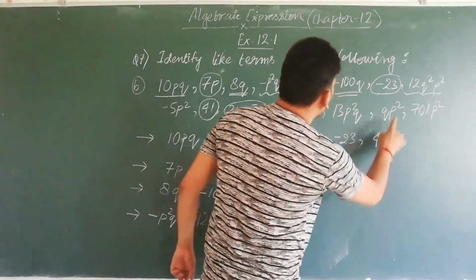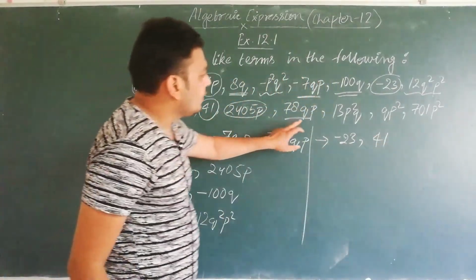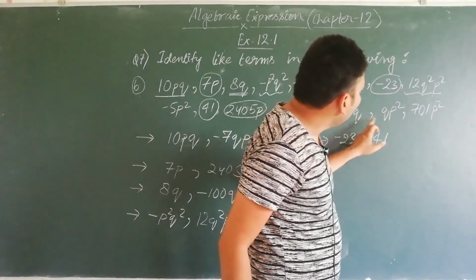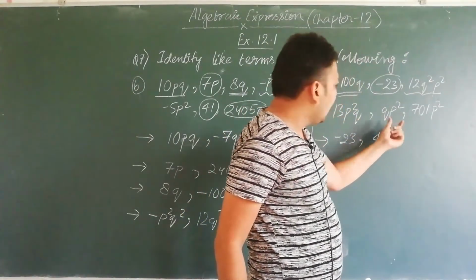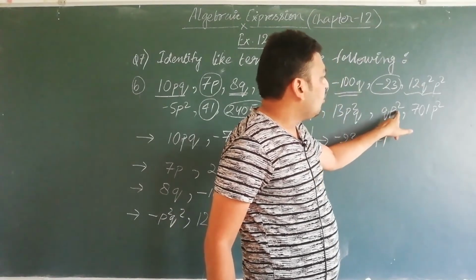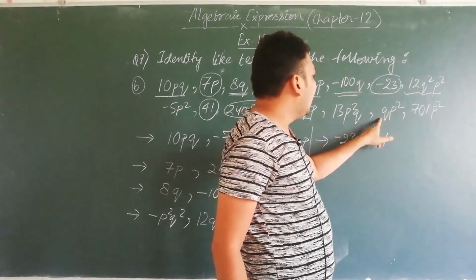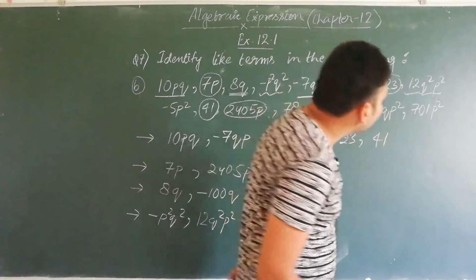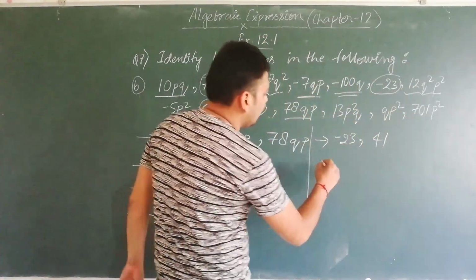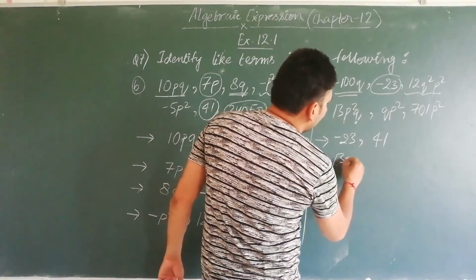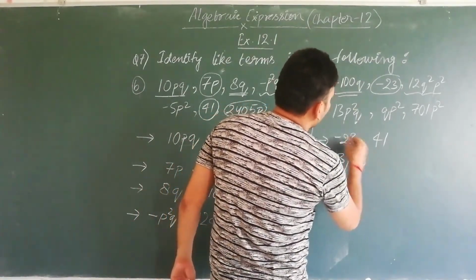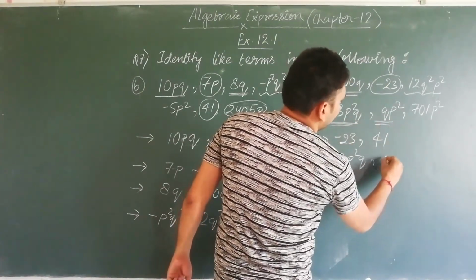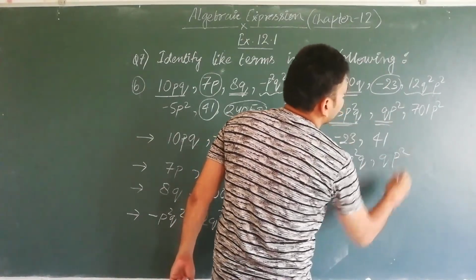Okay, what is left now? We are left with 30p square q and qp square. As you can see, the power of p is 2 over here and the power of q is 1. So both these are same. Okay, so 30p square q is like term with qp square.